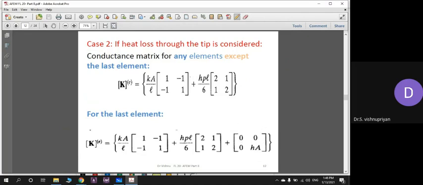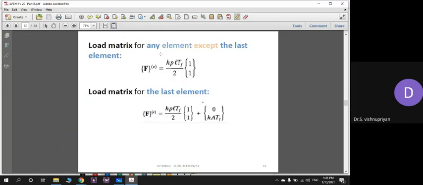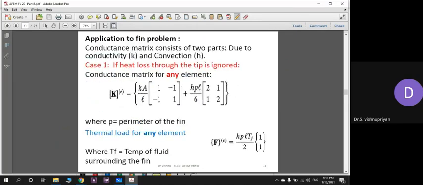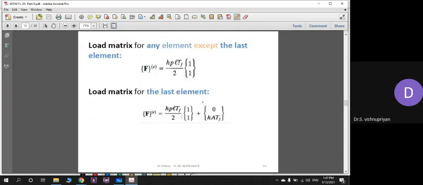Similarly, the load vector will also be different for the last element only, and for the other elements the load vector remains the same. The load vector for any element except the last is HPLT_f over 2, 1, 1. Again, this is from the previous case. Only for the last element, we have to add the effect of the heat convection, that is HAT_f, must be added to the last element.